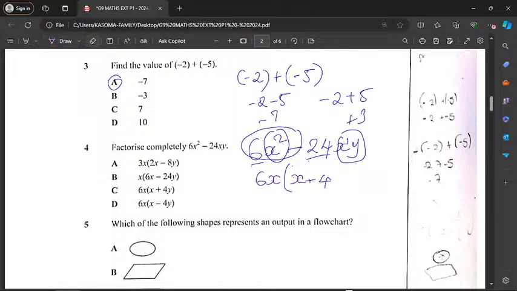Let me do this so that you don't get confused: this is not plus, but negative 4 times. Then x into xy will go y times. So we have y there, and then close the bracket.